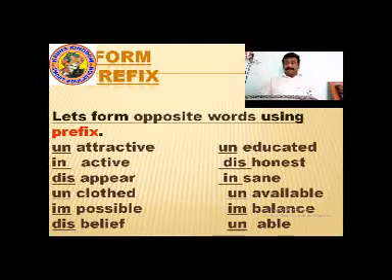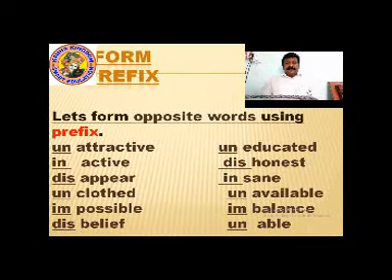Possible. When we say it's possible, we have priorly seen how we make its opposite. The group of letters used is IM. Impossible. Balance. How did he lose his balance?